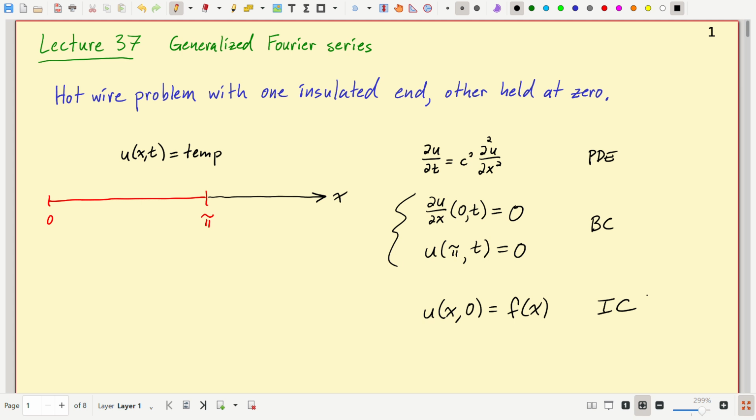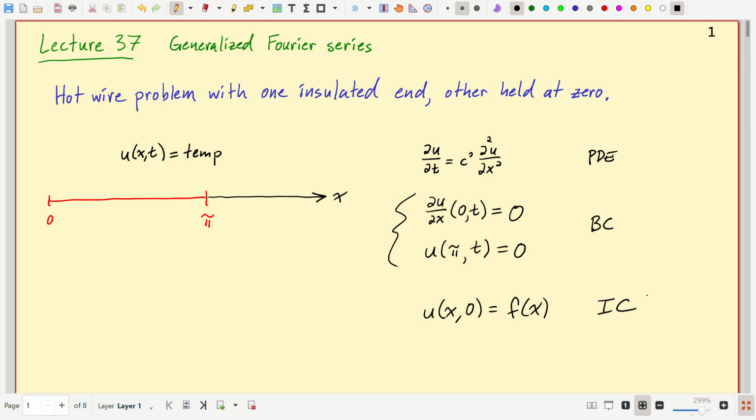And these problems lead to a new kind of Fourier series, where it's not quite Fourier series, but it sure feels like Fourier series. And so it's a common experience to run into these things. And I wanted you to see some of the famous ones that come up in practice.